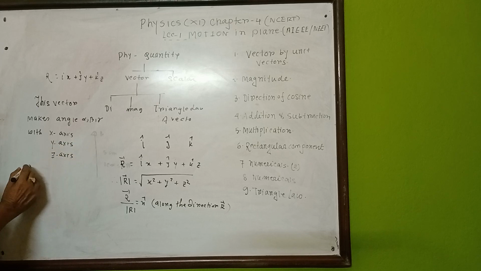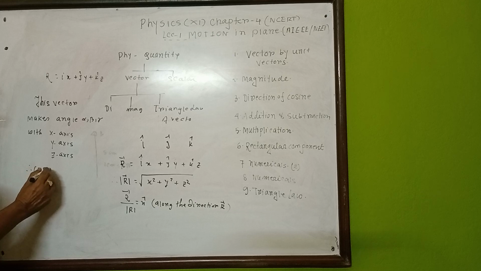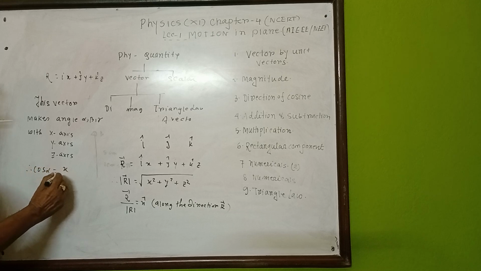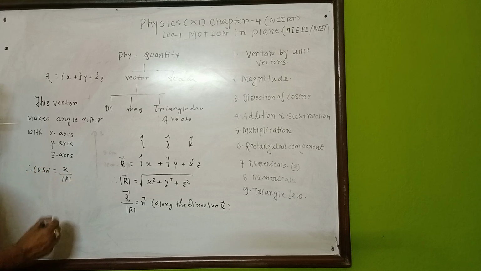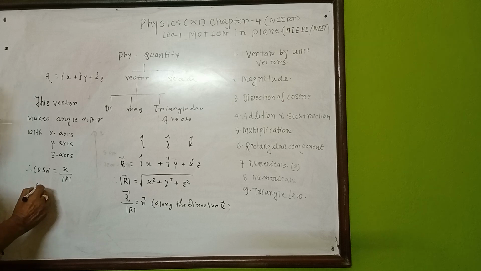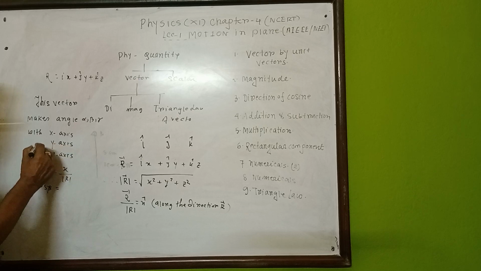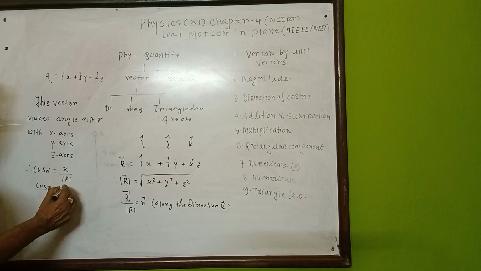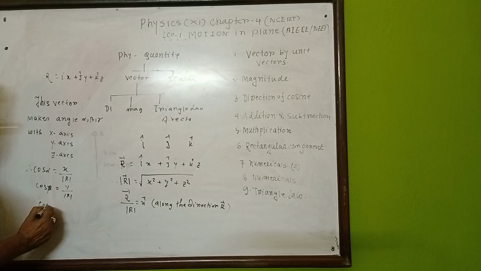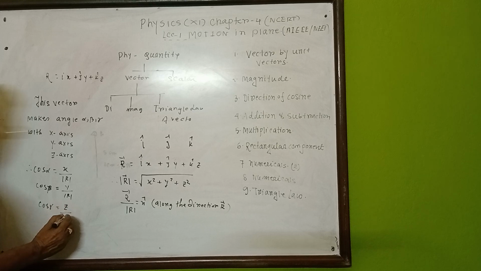In that case, you can write cos alpha equal to x by the magnitude of r, cos beta equal to y by the magnitude of vector r, and cos gamma equal to z by the magnitude of r.